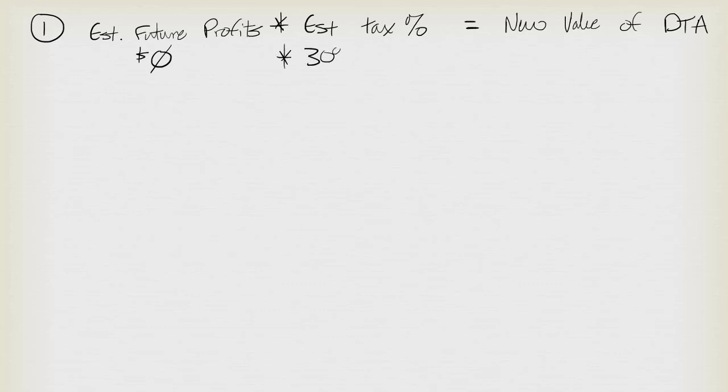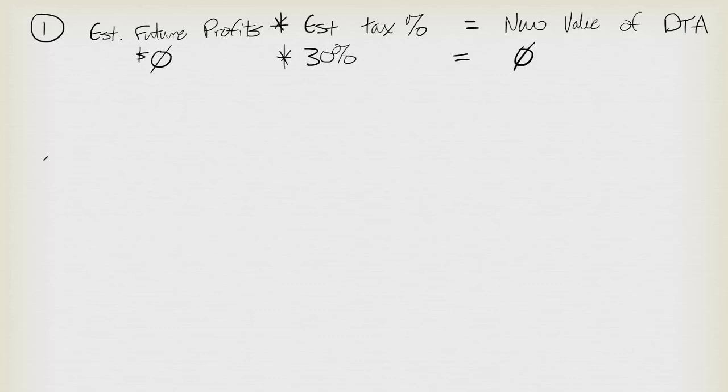And we're going to multiply that by the estimated tax rate. And that's going to give us a new value of our deferred tax asset. In this case, we think our estimated future profits are going to be 0. Tax rate has been about 30%, but 0 times 30% is still 0.